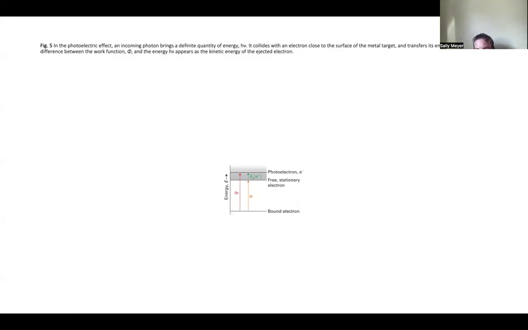The electron is in an energy orbital in the metal, so it's attached to the metal. So this right hand arrow is showing you that there's some amount of energy, called the work function, that's taken just to remove the electron from the surface. And then if there's any extra energy, it will go to the kinetic energy of that electron moving away from the surface.